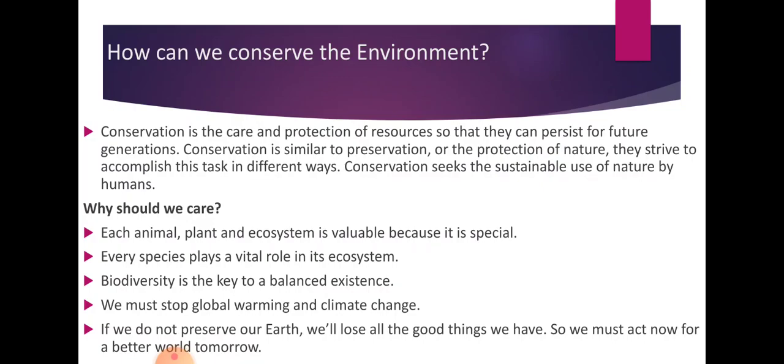Every species plays a vital role in its ecosystem. An ecosystem is like our nature, where the living and non-living things interact with each other. So it is very important that the ecosystem should not be disturbed.